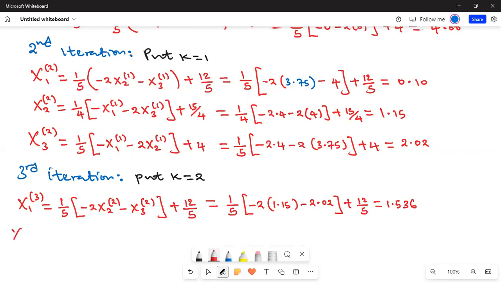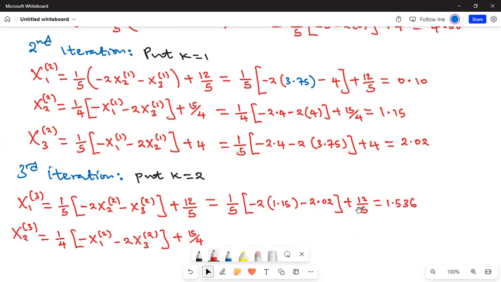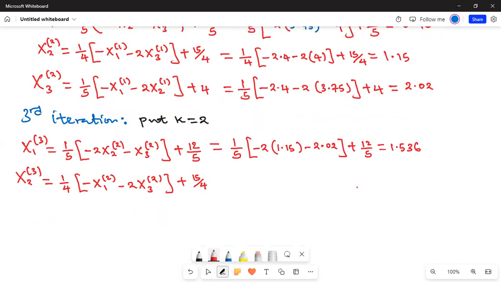Second equation, x2 at level 3. That's 1 over 4 negative x1 at level 2 minus 2x3 at level 2. You're adding this to 15 over 4. Substitute those values. That's 1 over 4 minus x1 at level 2.